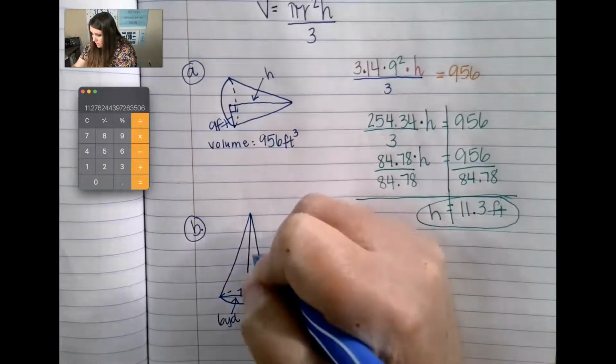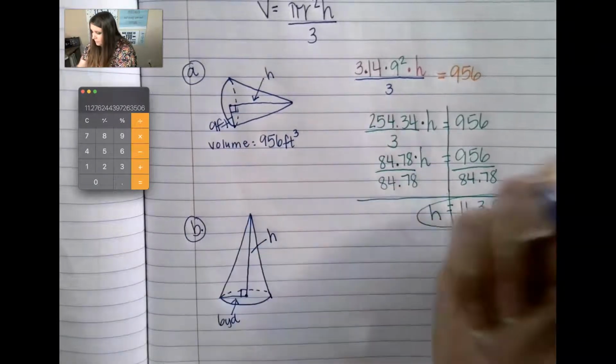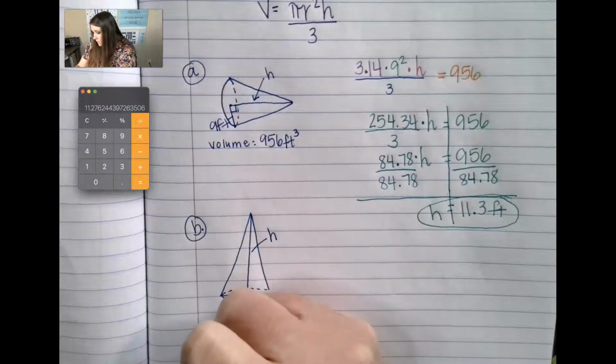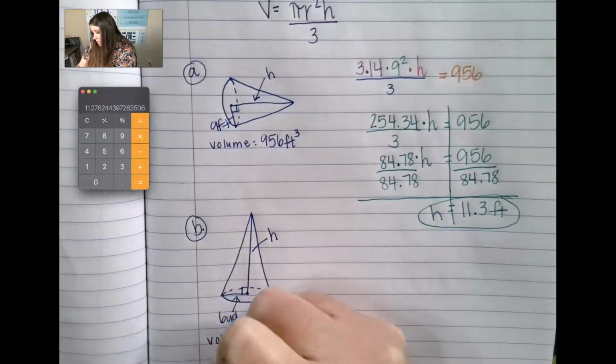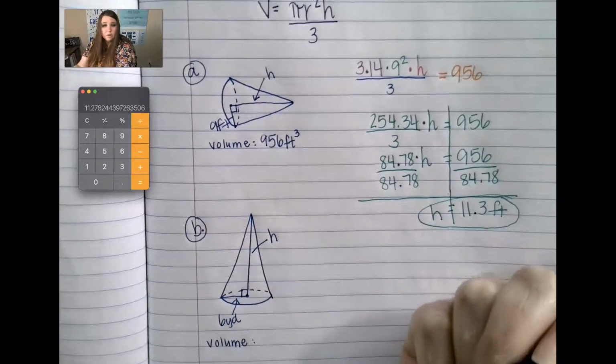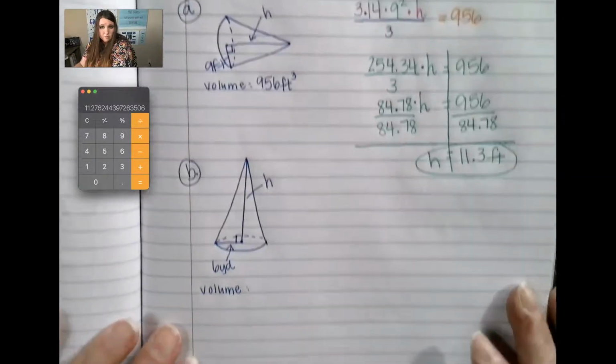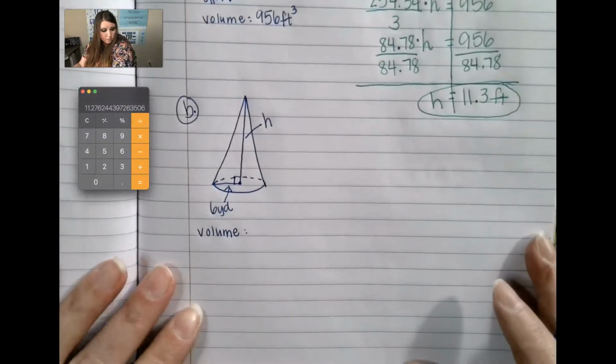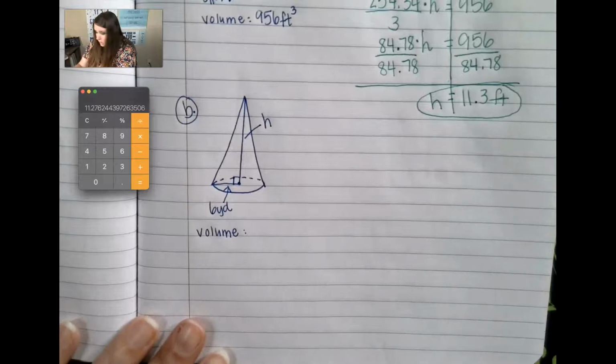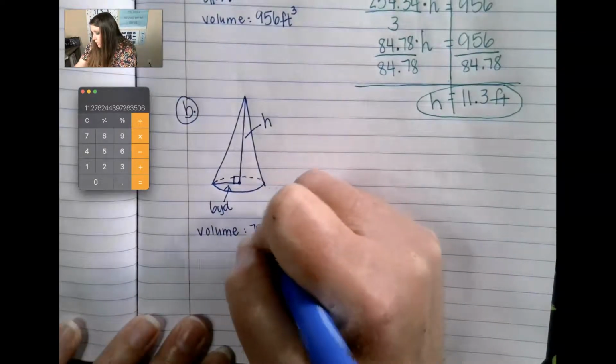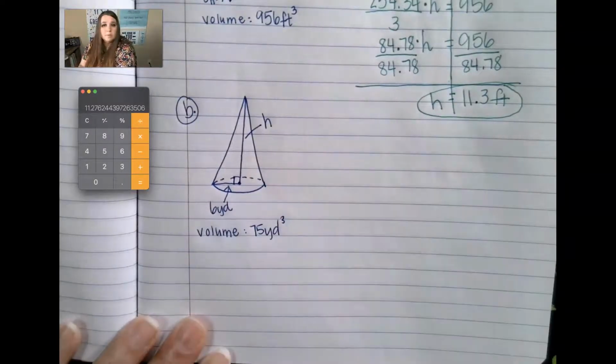Height is on the right. Again, I don't know my height. And it also tells me that the volume of this cone, let's go ahead and move this up so you can see a little better, is 75 yards cubed.